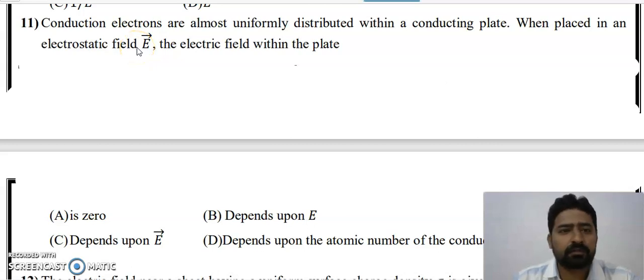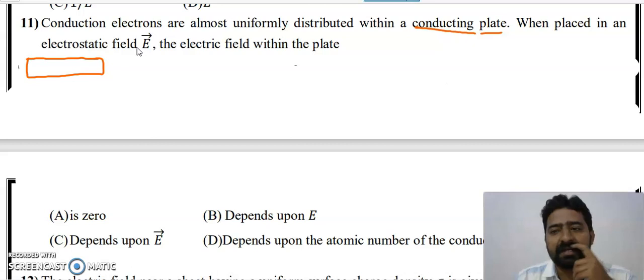Okay, let's continue for the 11th question. Conduction electrons are almost uniformly distributed within a conducting plate. This is called a conducting plate.